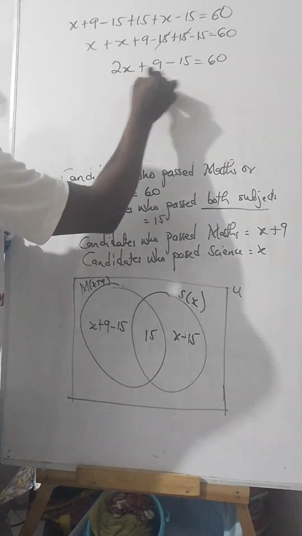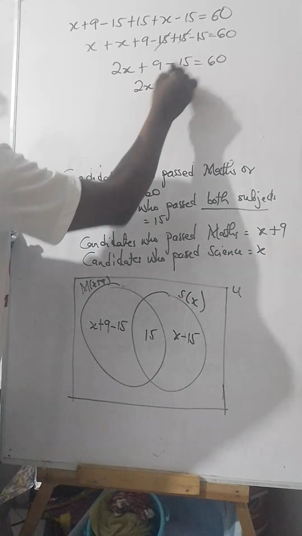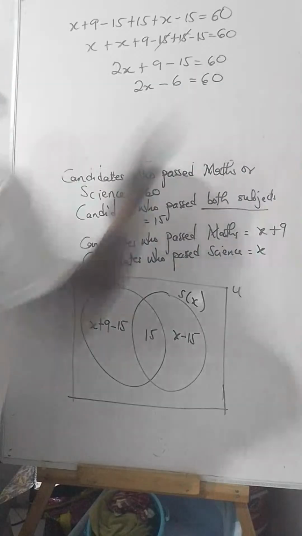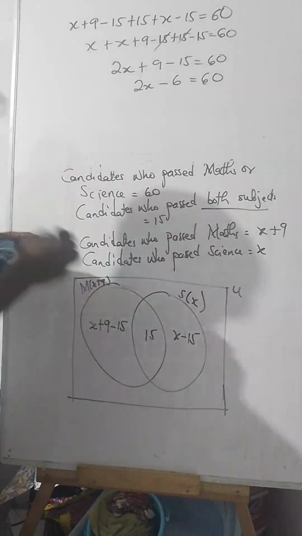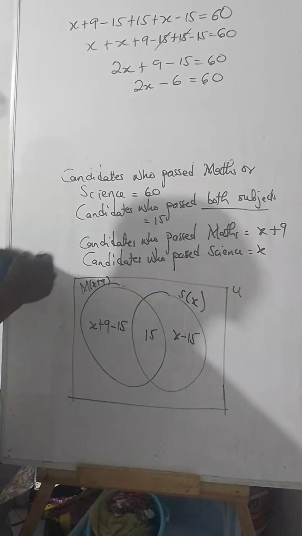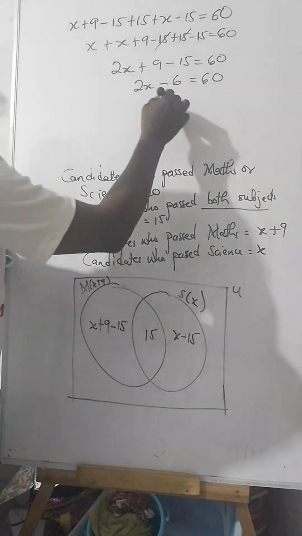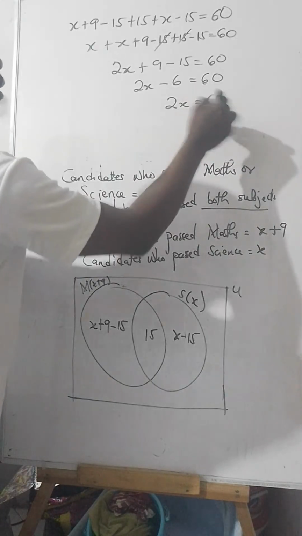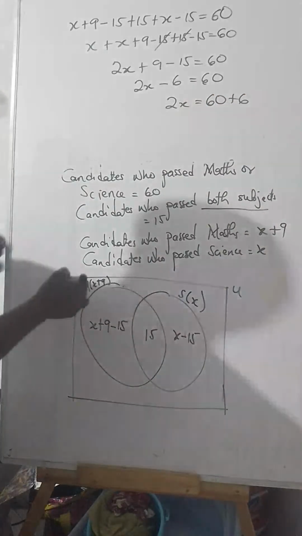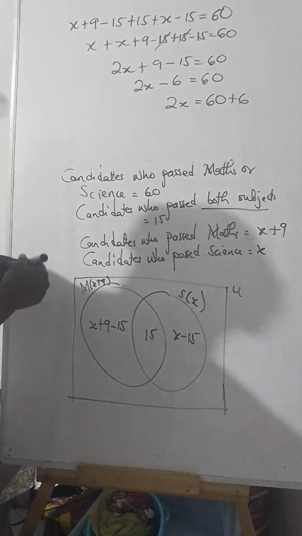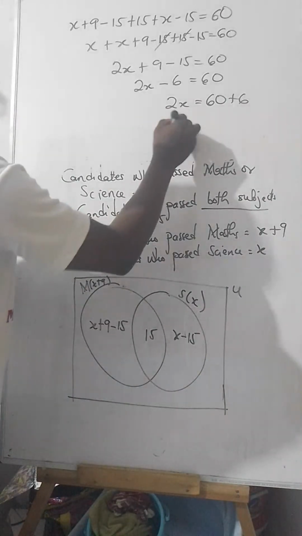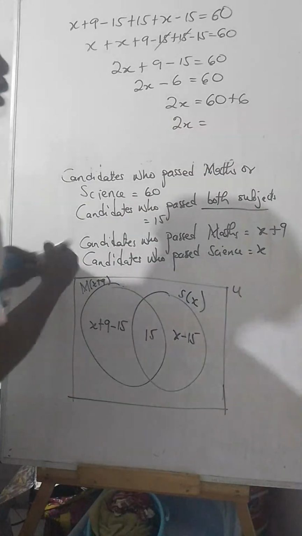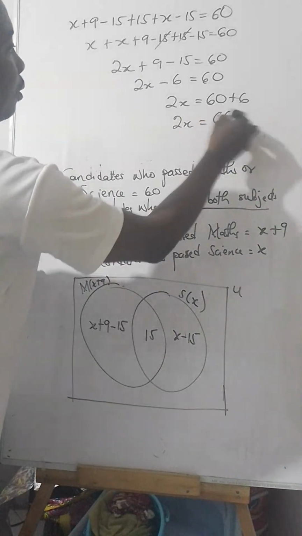So 2x, this will give you negative 6, and that is 60. So obviously you have to transfer the minus 6 to the other side. So you have 2x equals 60 plus 6, so 2x is 66.